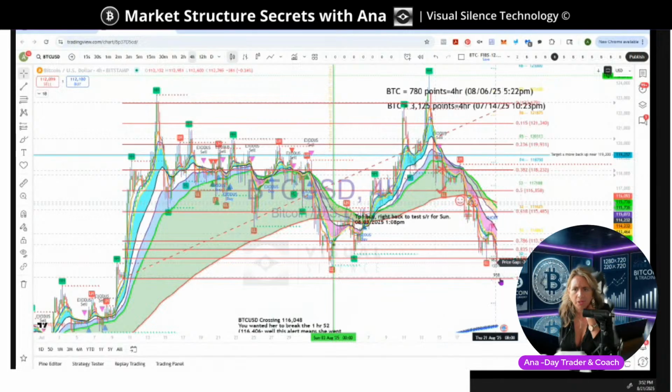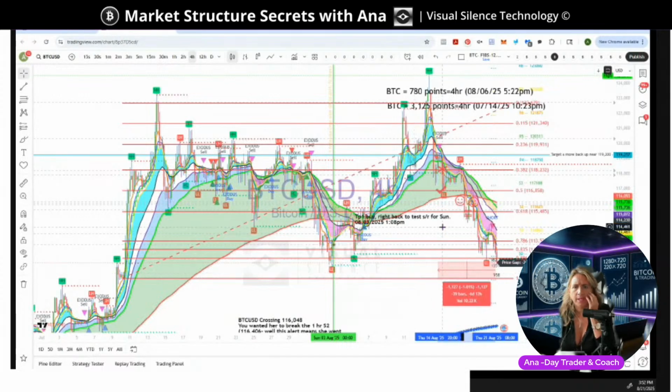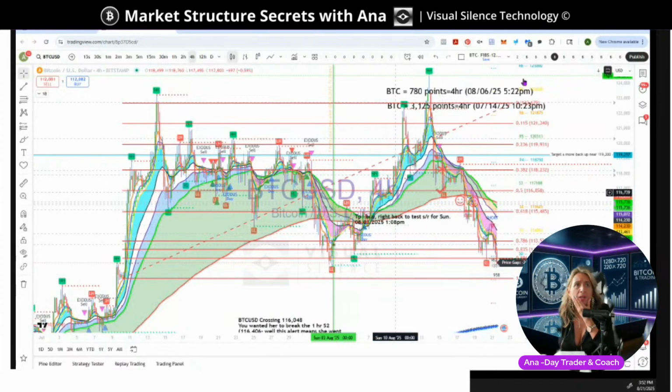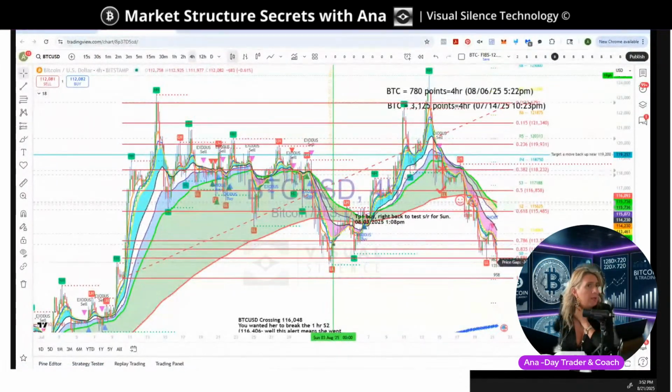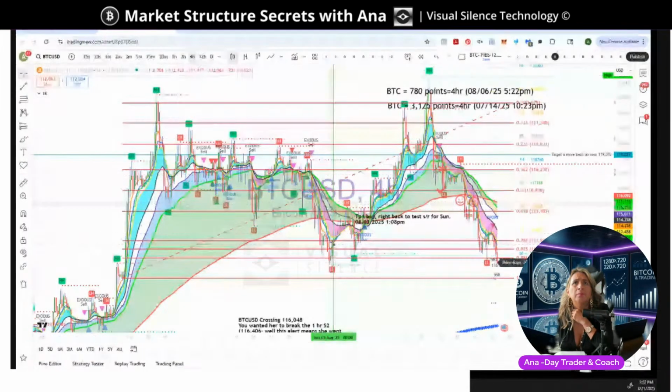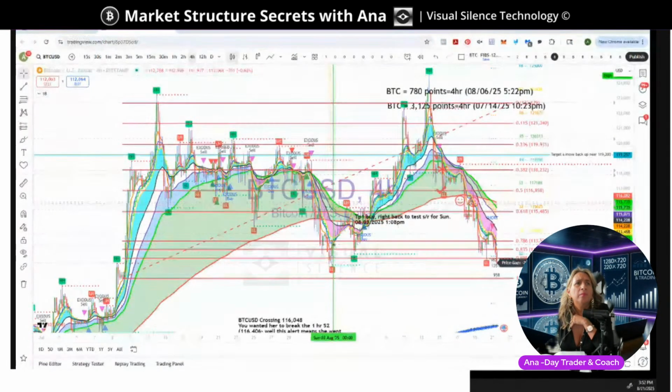I really think she's going to come right down to a 100% retracement. That's 1,000 points. And I'm trying to figure out why in the world I'm not in that. I feel like I'm in that in some account.